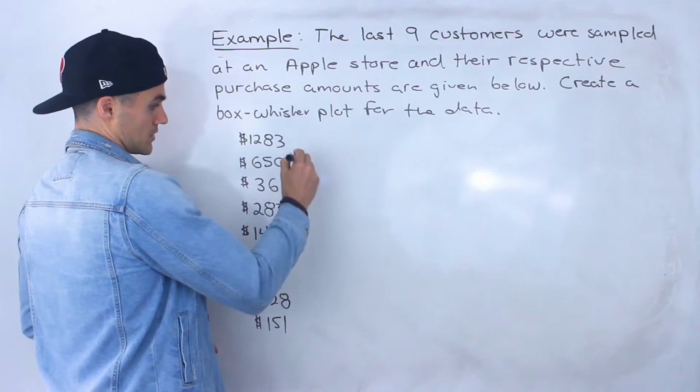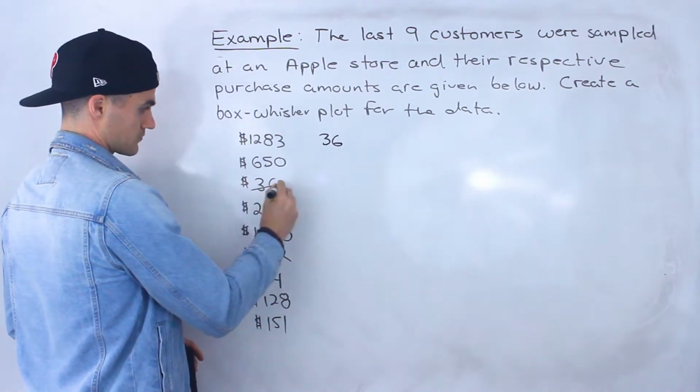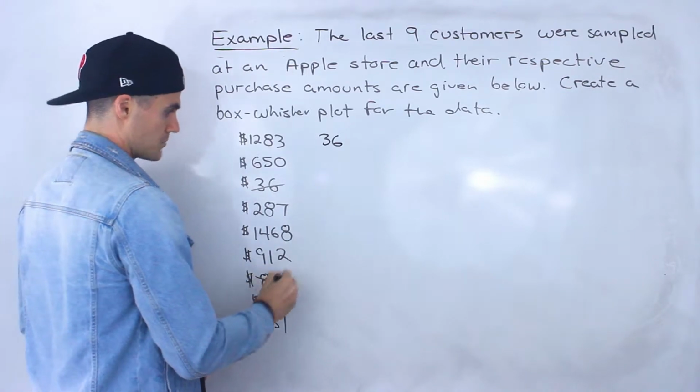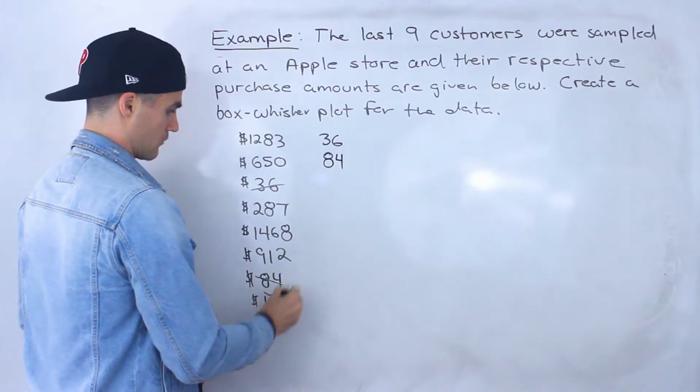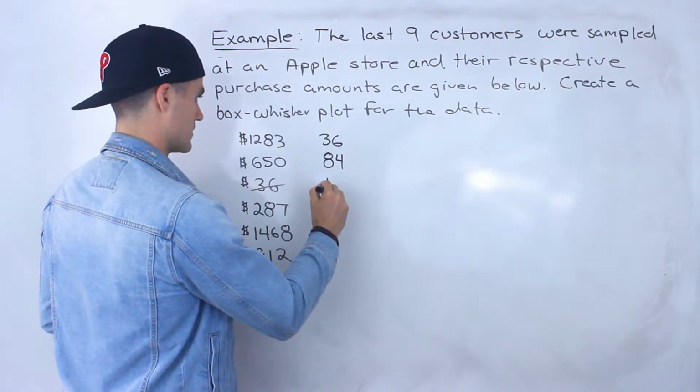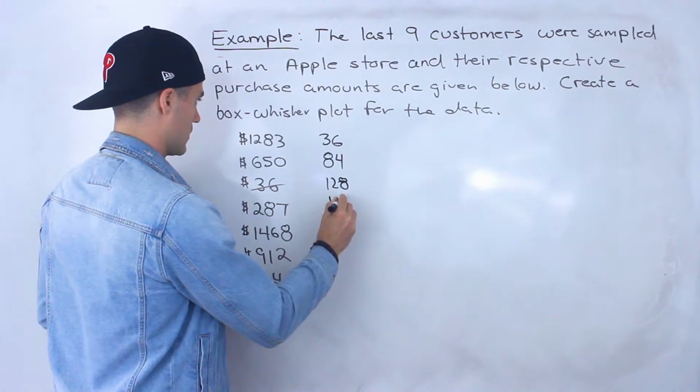So starting with the lowest value, we'll have 36. The next value would be 84. And then we'll have 128. And then 151.